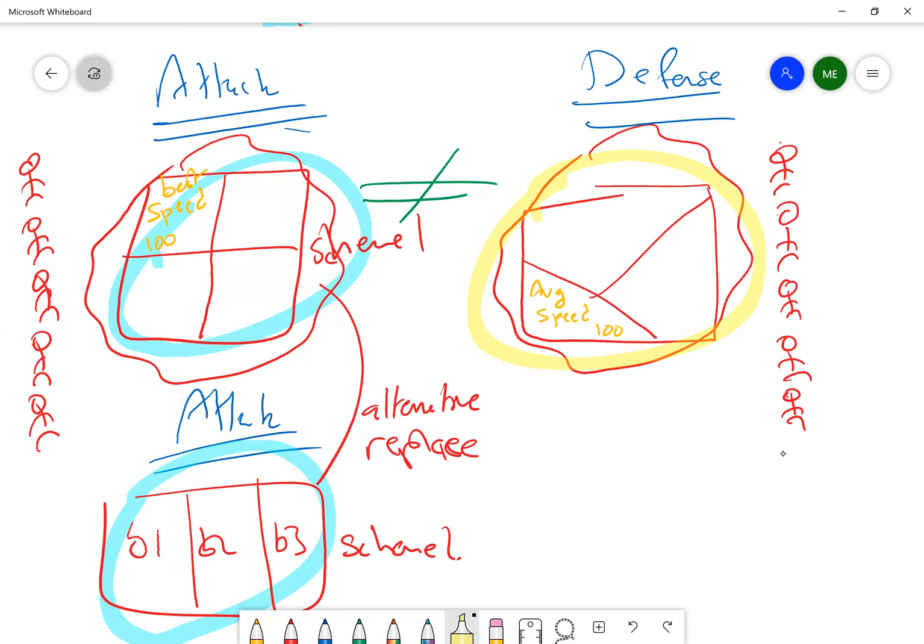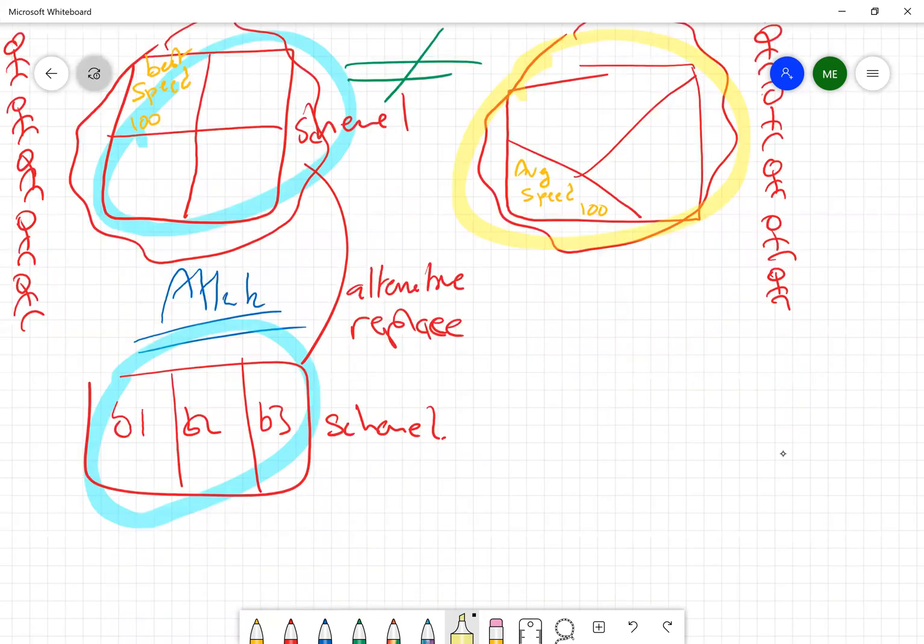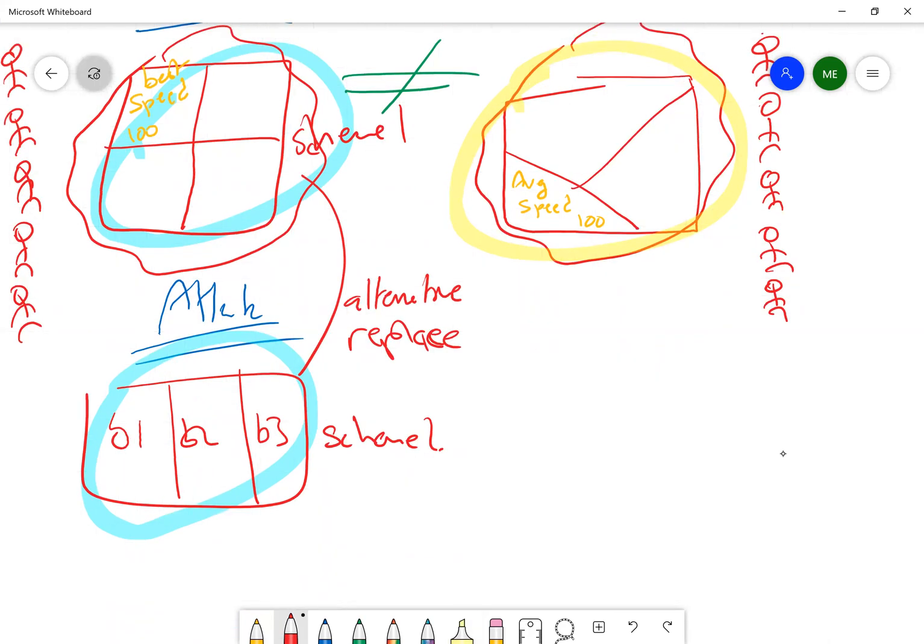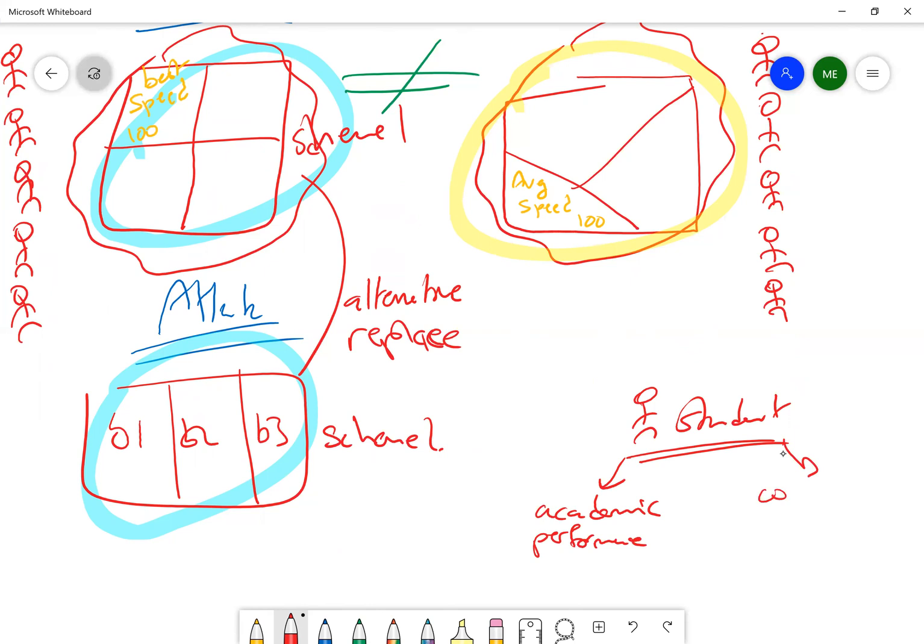All right. So let me use some sort of a concrete value here again. Let's just say as a student, there's two aspects about you. There is obviously your academic performance, and for example, your community service.